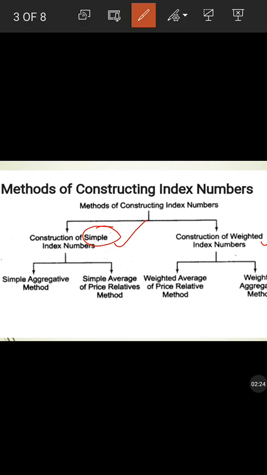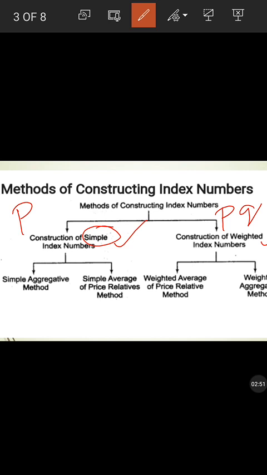In simple index numbers, we have only the price, whereas in weighted index numbers, we have both the price as well as the quantity, that is Q. Only when the price is given, it is known as simple index numbers.